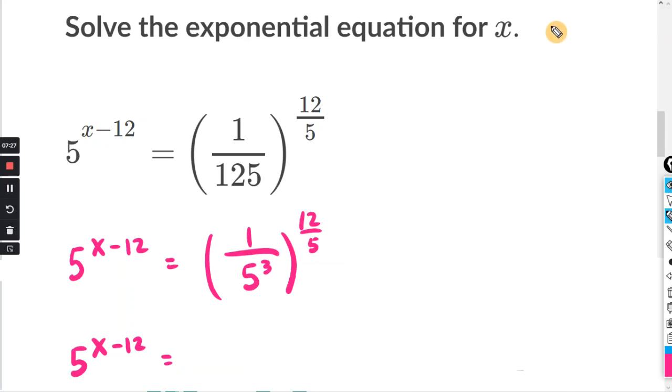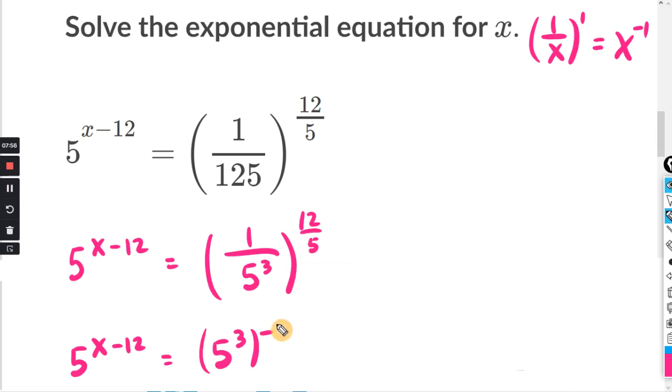Because if you have 1 over x, and that's to the first power, you can flip this, take the reciprocal, make it x, and then change the plus minus sign on that. It's the same as x to the negative 1. So same thing here, just flip this and make it 5/3 over 1, or just 5/3. And then this exponent, instead of positive 12/5, becomes negative 12/5.